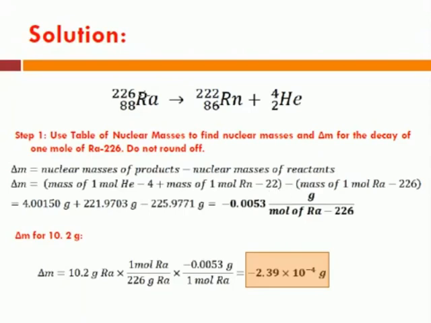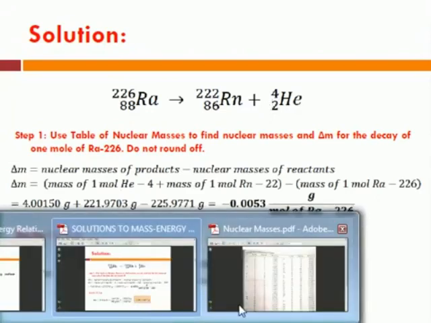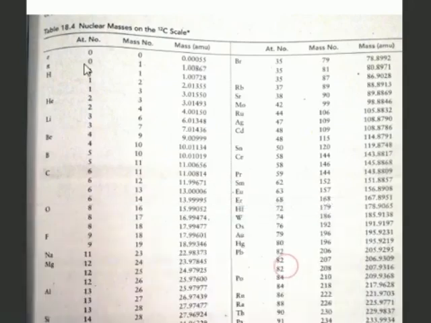Minus the mass of 1 mole of radium-226. For helium-4 with atomic number of 2, let's see in the nuclear masses table: helium, atomic number of 2 and mass number of 4. So, we're going to use this one.